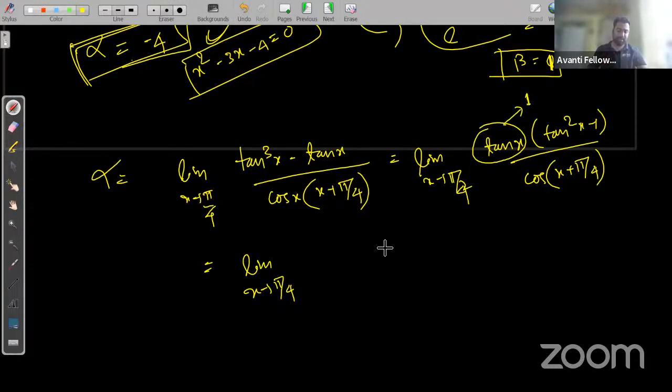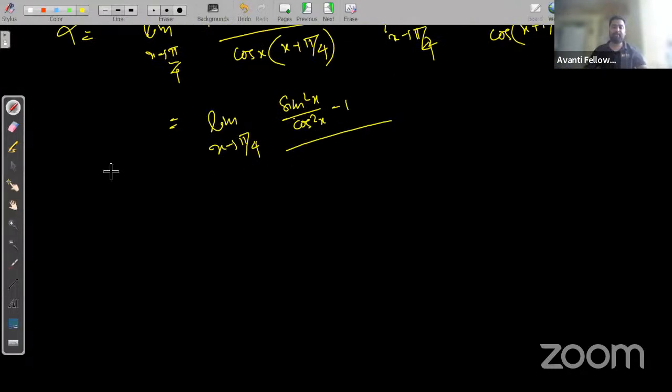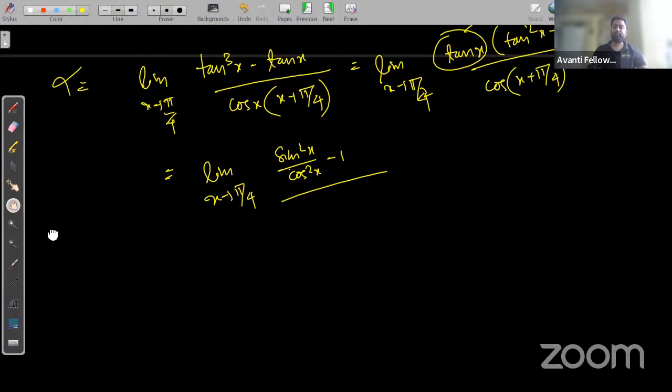So tan square x minus 1 can be written as sin square x upon cos square x minus 1. ये tan square x को ही हटाना है. Divided by cos of x plus pi/4, which we can write as cos x into 1/√2 minus sin x into 1/√2. Yes or no? We can write or not?